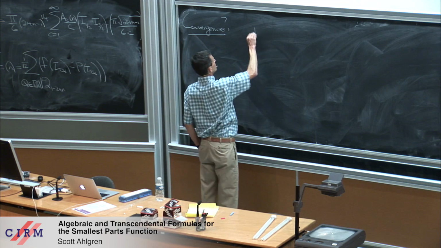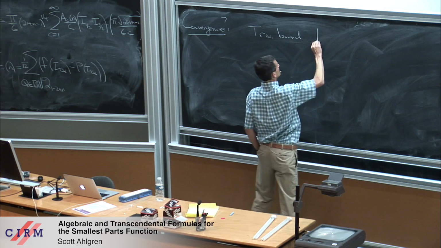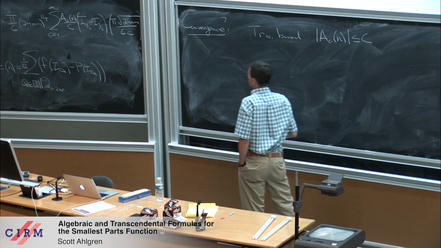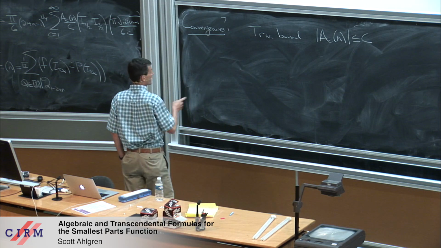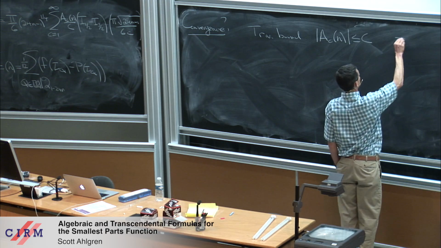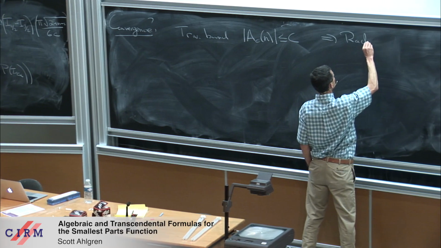There's a trivial bound for these Kloosterman sums, so that A_c(n) is less than or equal to c, and this is actually enough to prove that Rademacher's formula converges.